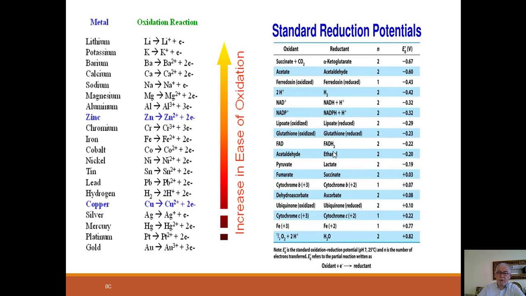And in this case, it can be explained why electrons go from iron atoms to oxygen, because oxygen is the most important electron acceptor in our cell.